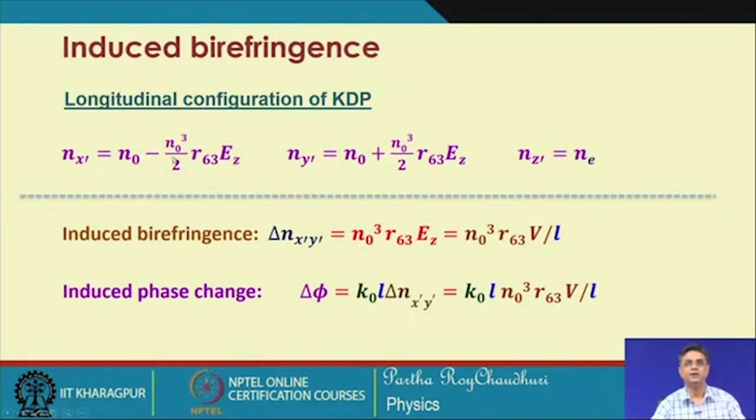Here we have calculated the birefringence between this x prime and y prime as if the polarization is along 45 degrees with x prime and y prime.